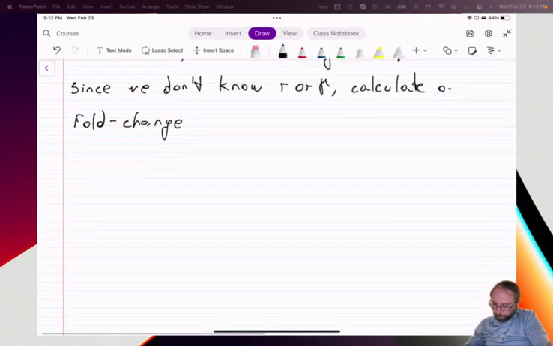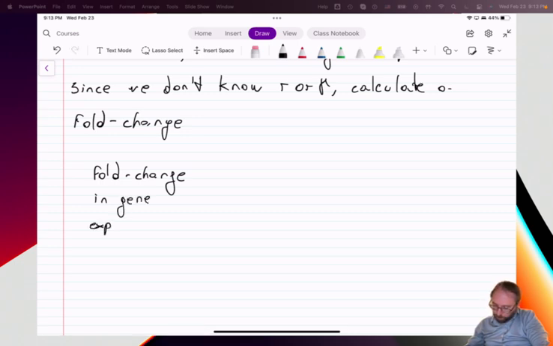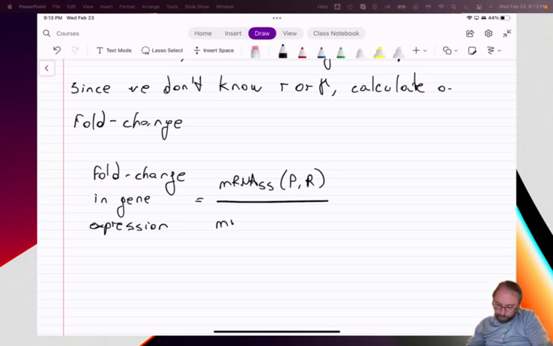I'm going to call the fold change in gene expression the mRNA steady state in the presence of P and R divided by the mRNA steady state when I have polymerases, but no repressors.